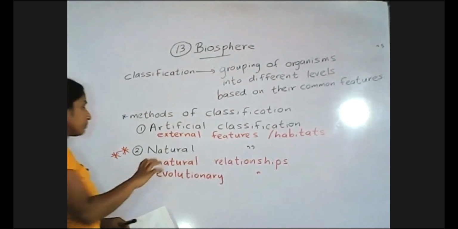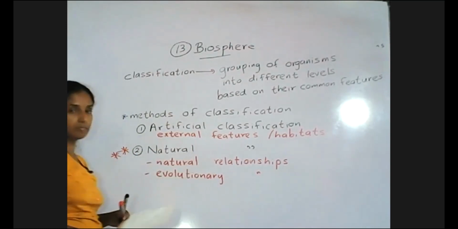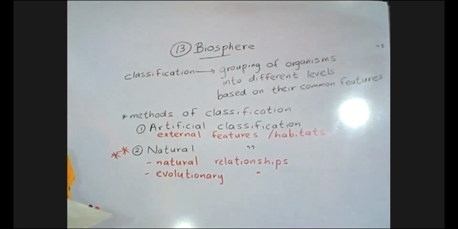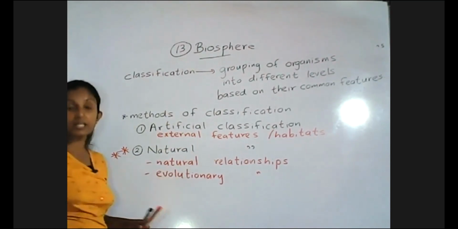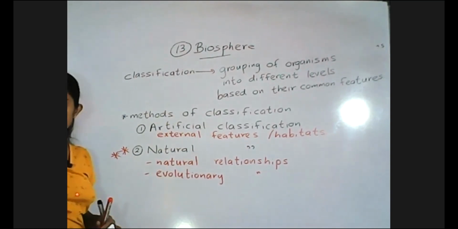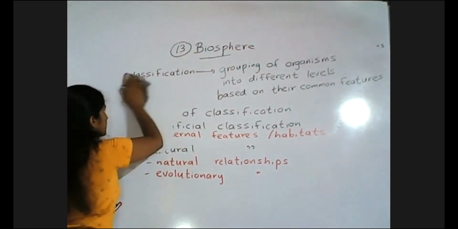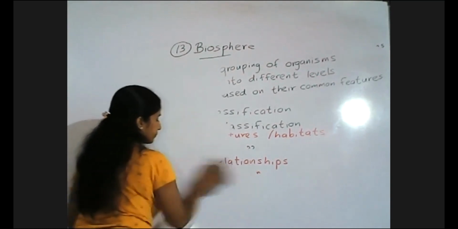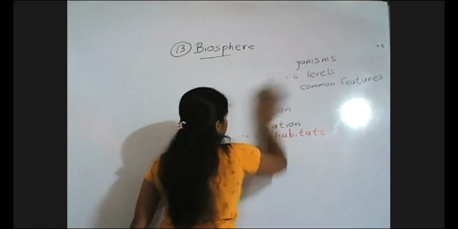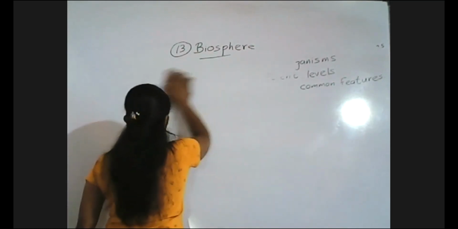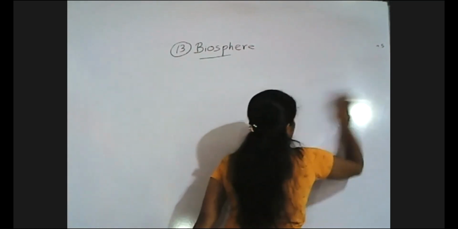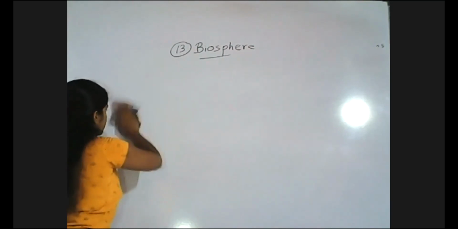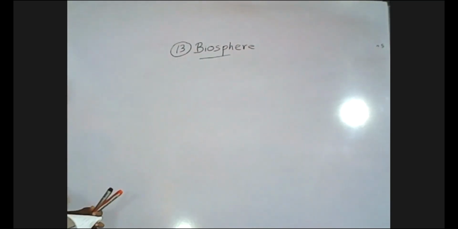So by using the natural classification, all the organisms are categorized under three main domains. What are the three domains? The three domain system of classification was introduced by, yes, who is the scientist?